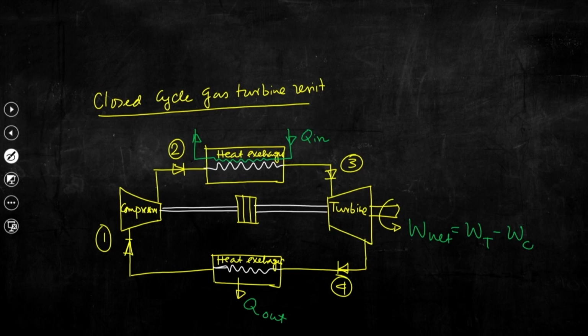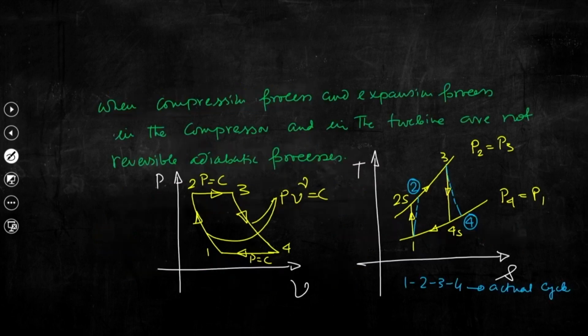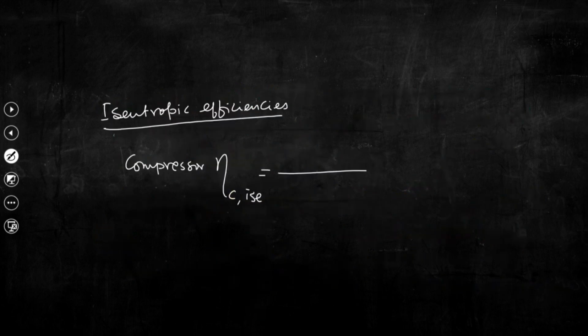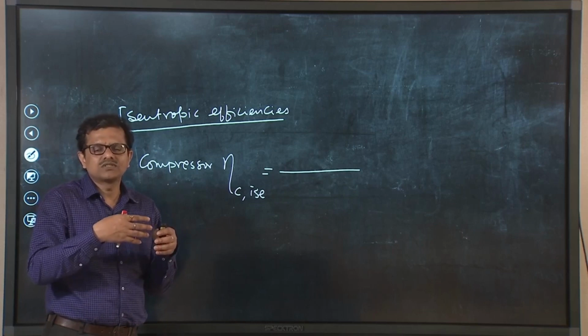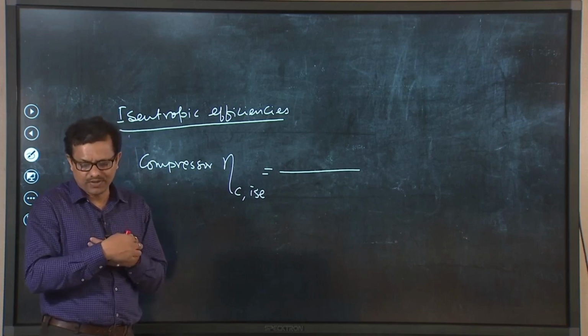So what would be the definition of this isentropic efficiency of the compressor? The actual work needed to be supplied to the compressor should be greater than the isentropic work needed to run the compressor following an isentropic process.